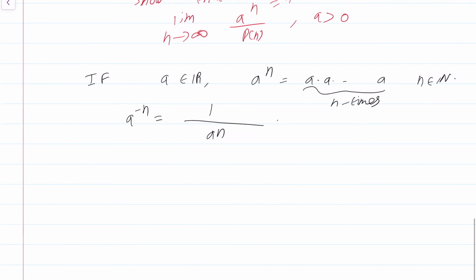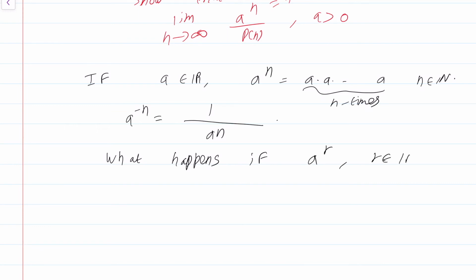Okay, now what happens if you take a power r, where r is a real number? Now this can be defined in several ways, but the most elegant way is to do it via exponentials and logarithms. Okay, now how do you do that? Well, let's assume that you can take log a power r. Okay, when can you do that?